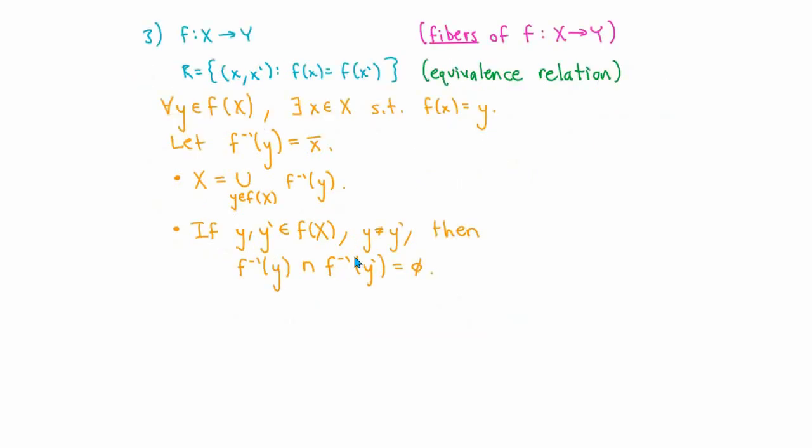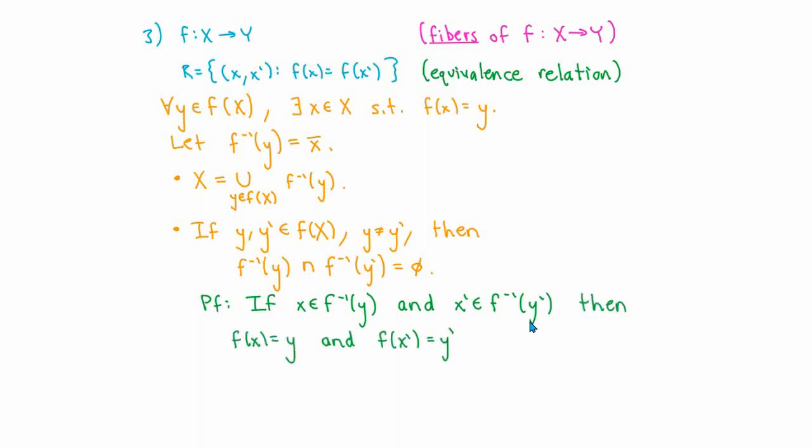To prove the second claim here, that fibers above distinct points in the range are disjoint, let's suppose that I have two distinct points y and y prime in the range, that x is an element of the fiber above y, and that x prime is an element of the fiber above y prime. By definition, this just means that f of x is equal to y and that f of x prime is equal to y prime.